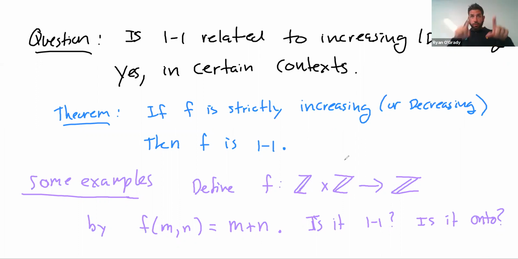You give that computer two numbers, the computer takes those two numbers, and that program adds them together. Your calculator has a function built in like this. You give it two numbers, you hit equal, it spits out the sum of those two numbers. You understand what I'm saying here? So this is a perfectly valid function, and we want to know, is it 1-to-1, is it onto?